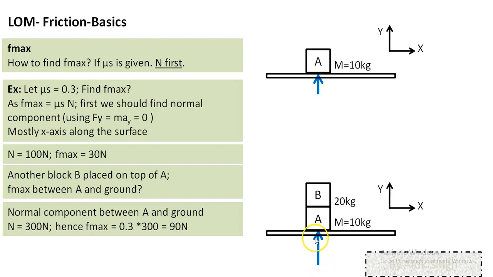Now, again using summation of force in y direction equal to 0, the normal component will become equal to 300 Newton. And since the maximum friction force depends on the normal component, the maximum friction force also will become 0.3 into 300, equal to 90 Newton. So what was 30 Newton here will now become 90 Newton. So the maximum friction force which can act in this case will be 90 Newton between A and the surface, whereas in the earlier case the maximum friction force was 30 Newton.